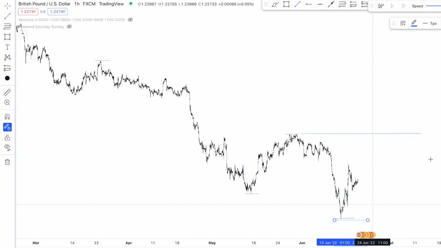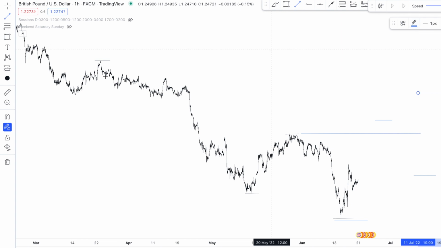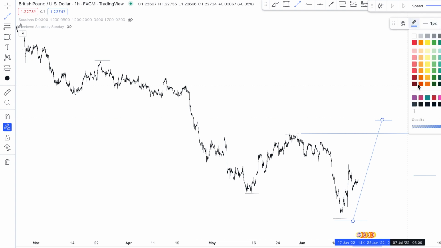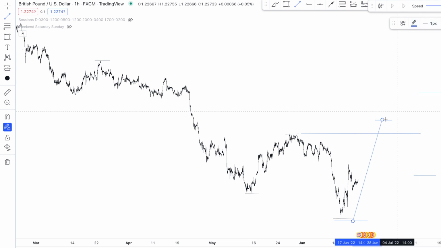We need 2 new higher lows and higher highs. So 1, and then we need something above here that beats this, 2, then a higher low, 3. So that is what would tell us that we are in a new structure or trend. Until then, we're in downtrend.